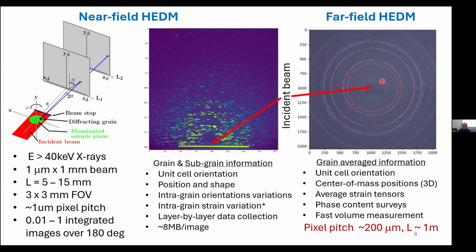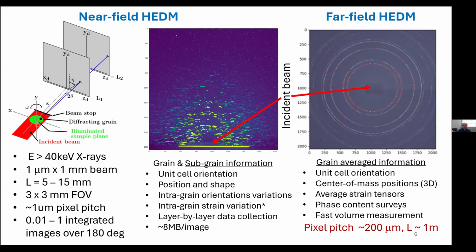If you think about taking the far field detector and bringing it closer to the sample, the size of these rings will get smaller and smaller until eventually those displacements, due to where the grain was when it lit up the Bragg peak, become comparable to the size of the ring.